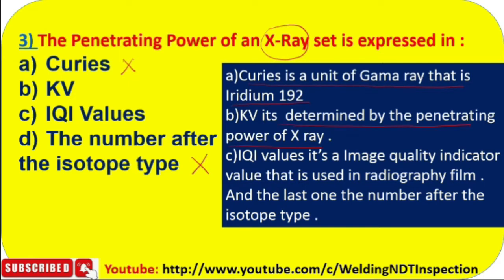Yes, X-ray penetrating power is kV, so kV is the right one. IQI values, what is it? Image quality indicator value, used in the radiographic film. So this is different and not the correct one. The correct one is kV, so the answer is option B.